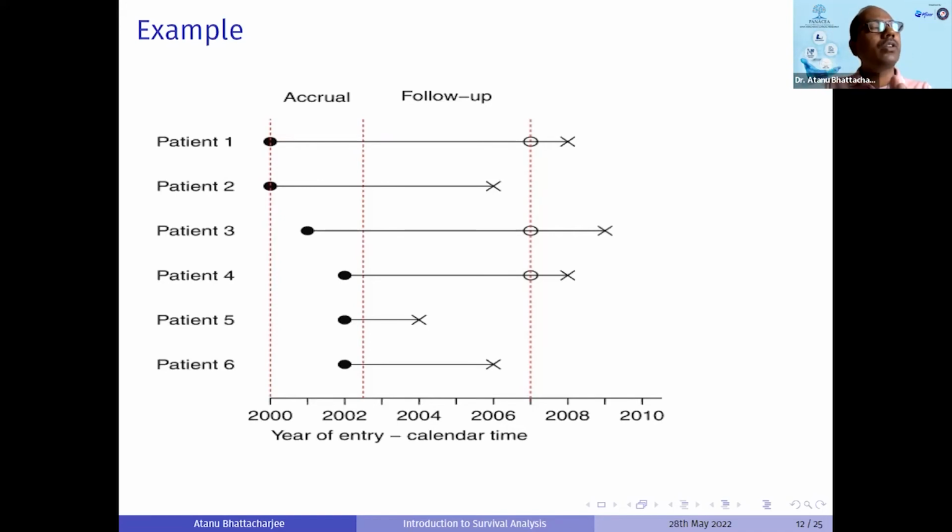As I mentioned, we are talking about lung cancer, so within 3 to 4, 5 or 6 months you can expect all the patients to die. In that sense, a 1-year follow-up is good enough, so that your data would be in very good shape, with most of the patients having died, and you are going to make the comparison between 2 arms or therapies.